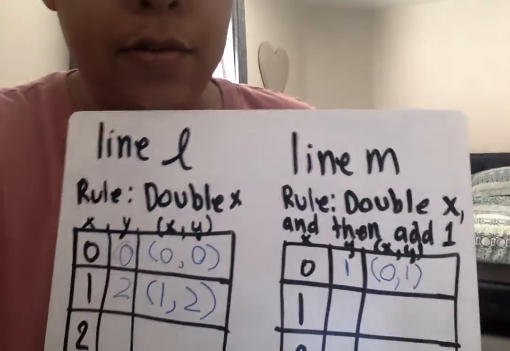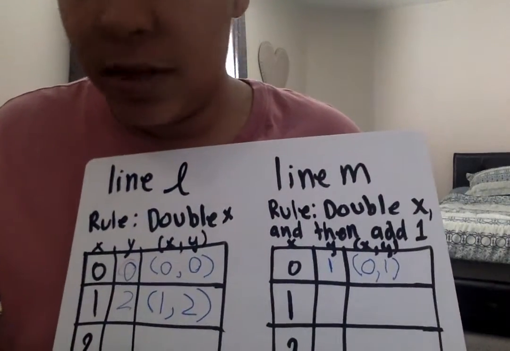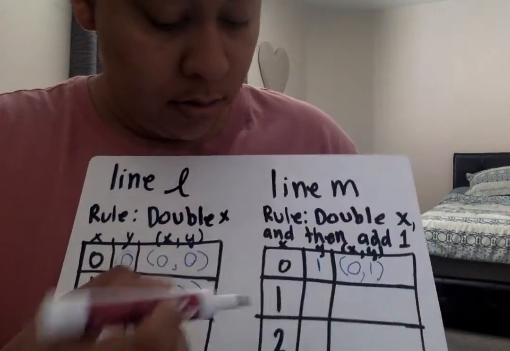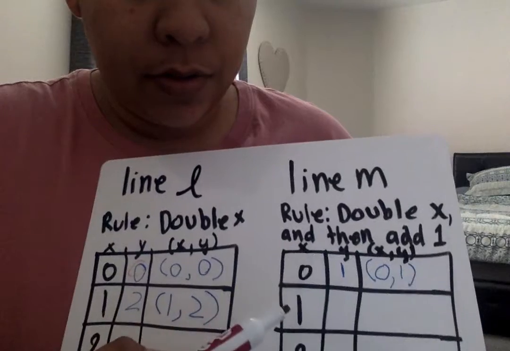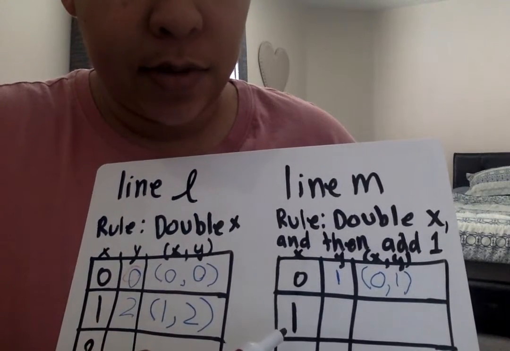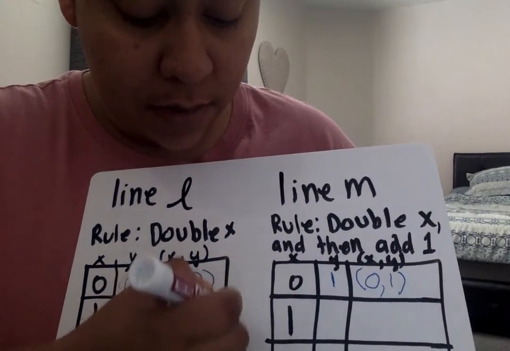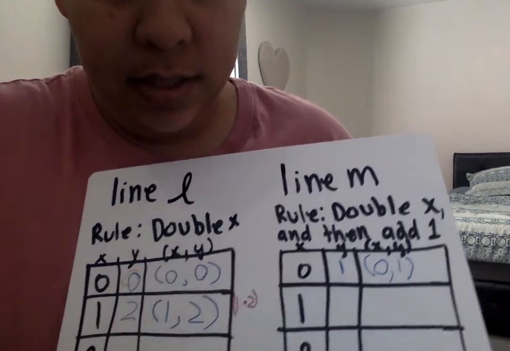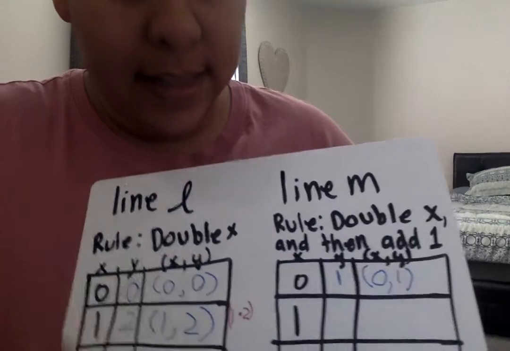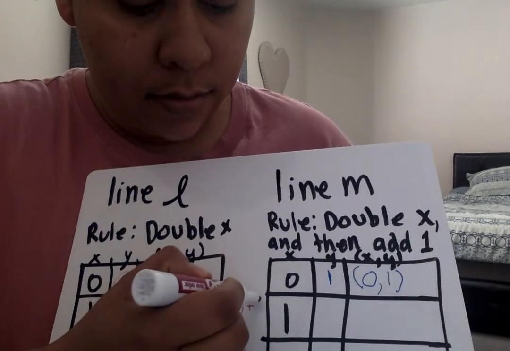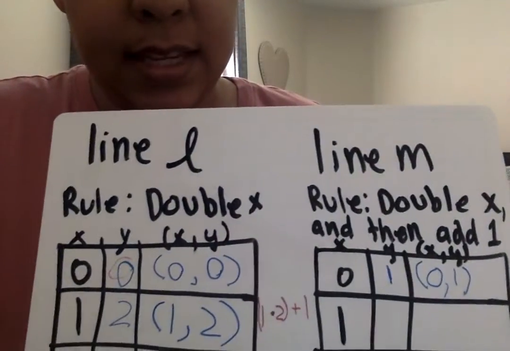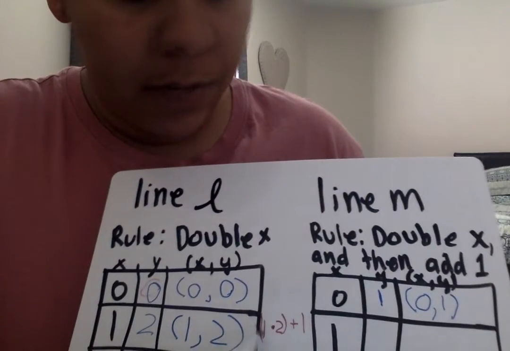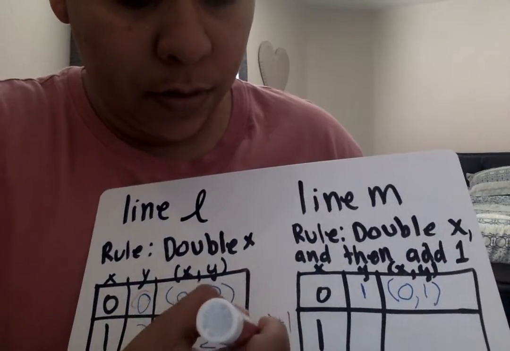Okay, so now for the next one, I want to write out an equation as well. I'll just do it on the side right here. If we have 1 as the x coordinate, we're going to double it. So we would have 1 times 2 in parentheses, because that stays together, and then add 1. Okay, so 1 times 2 equals 2.